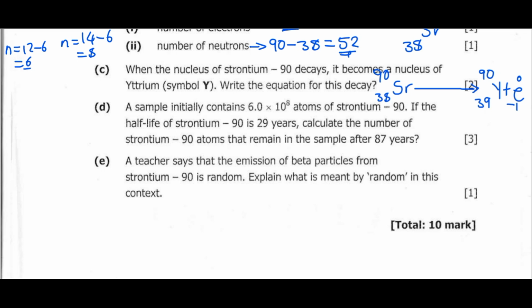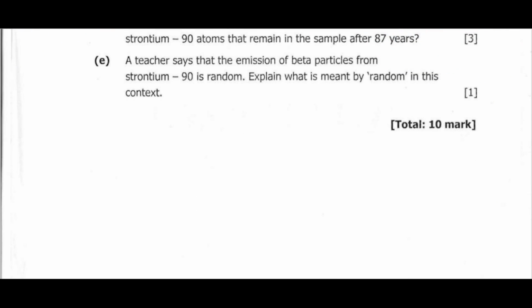Then a sample initially contains 6.0 times 10 to the power 8 atoms of strontium. If the half-life of strontium 90 is 29 years, calculate the number of strontium atoms that remain in the sample after 70 years. So let's do this. At time 0, before the emission, the number is 6.0 times 10 to the power 8 atoms.